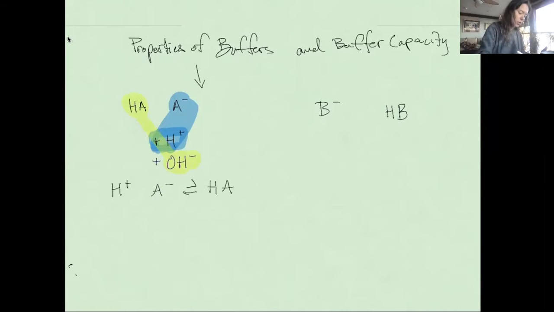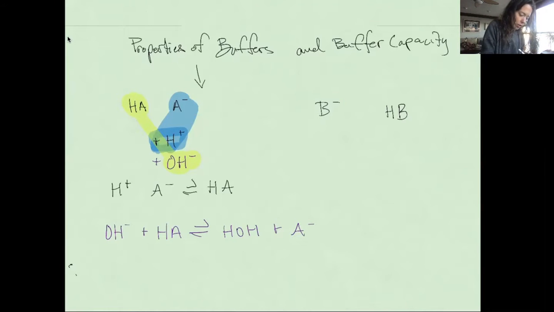So the fact that we have both present means that whether we add an acid or a base, both will be absorbed and we will have a minimal change in the pH. They won't be added to the solution, they'll be absorbed by the solution in this equilibrium process.